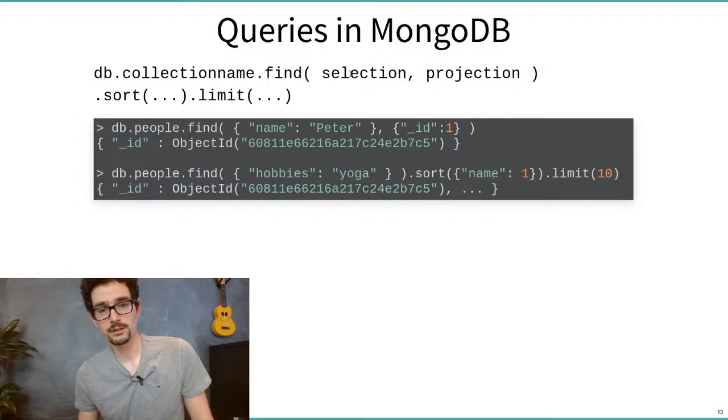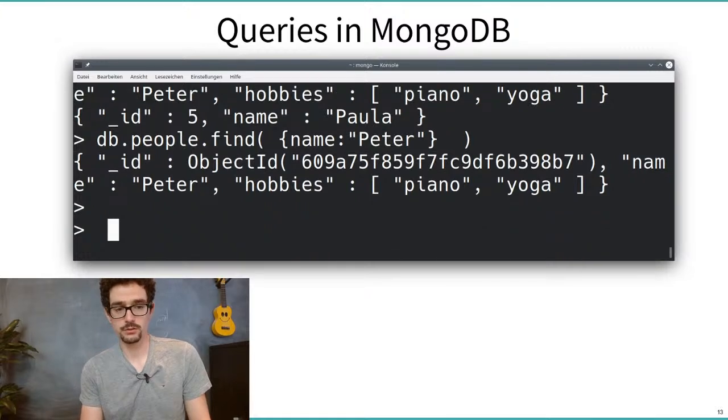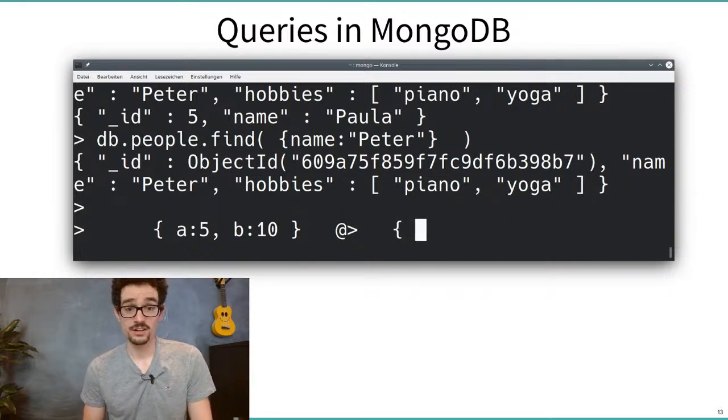So the find command has a selection, and this selection is basically similar to the operator we had in PostgreSQL on JSON documents that checks whether a document on the left, A is 5, B is 10, contains another document.